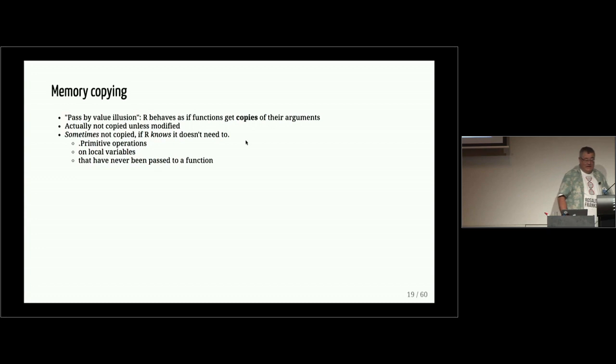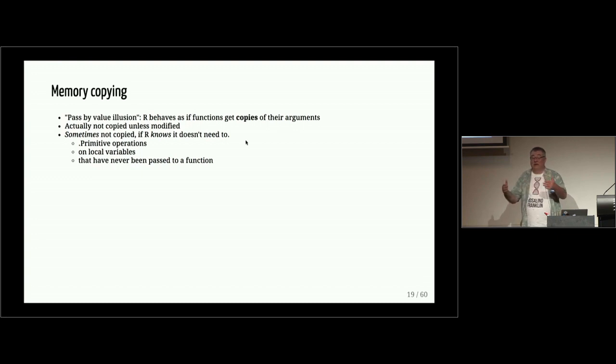So the basic principle there is well known. It's just that it really does occur. It's not just a straw man. Memory copying: there's the R pass-by-value illusion, that R behaves as if functions get copies of their arguments, and they're not copied unless they're modified.